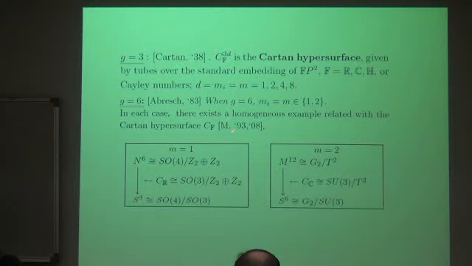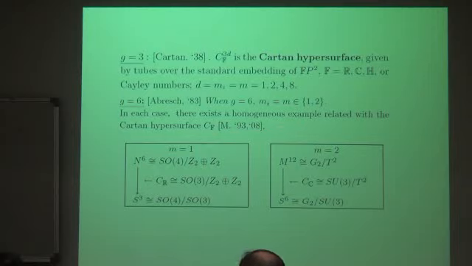When m equals 1, this homogeneous hypersurface with 6 principal curvatures has a fibration over S^3 with fiber consisting of the real Cartan hypersurface. So this is 3 dimension, this is 3 dimension, and this hypersurface is 6 dimension.